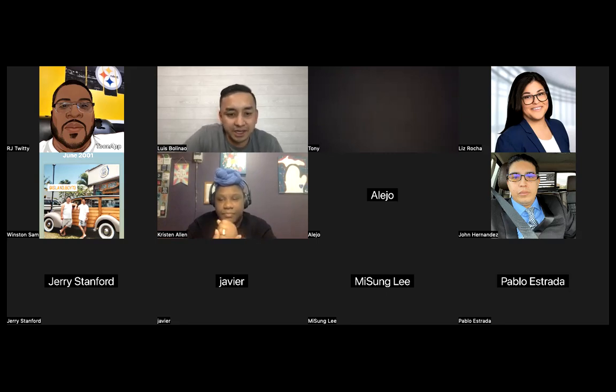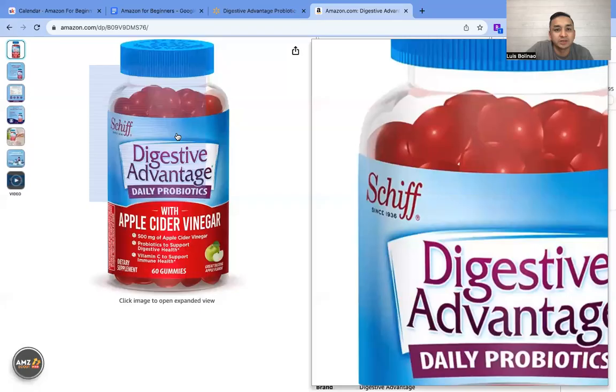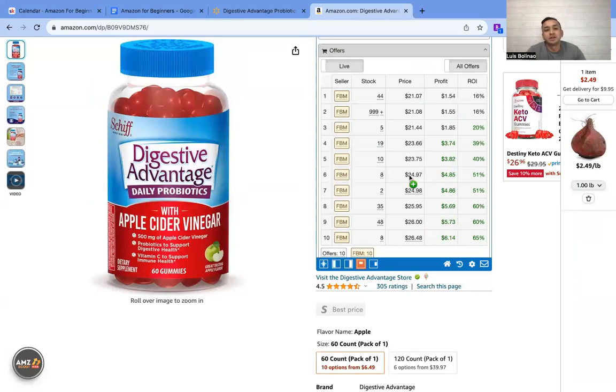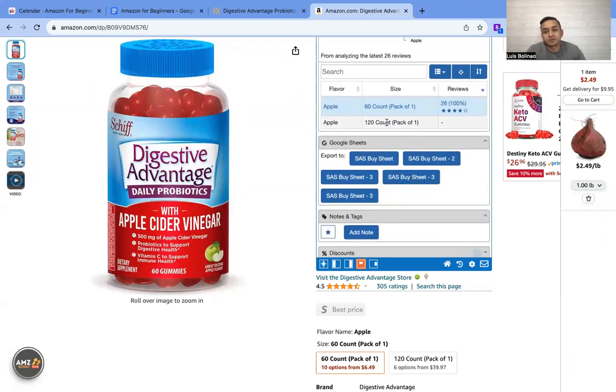This one's a bad example, but if the other variations are also getting a good chunk of the sales, then yes, I would source that exact variation.